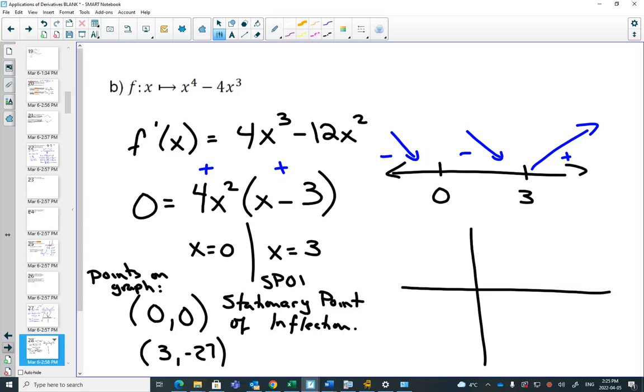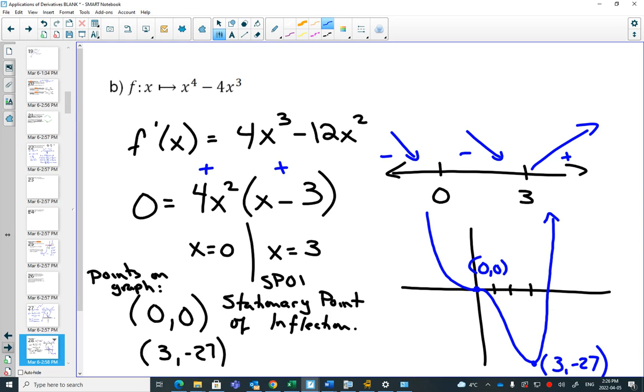If we go to graph this, we have 0, 0, and we've got 3, negative 27. Our graph is decreasing, so it means it's coming down. Flattens out, comes down again, swings back up, and this is our final graph.